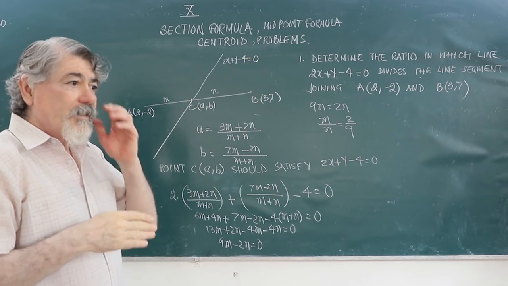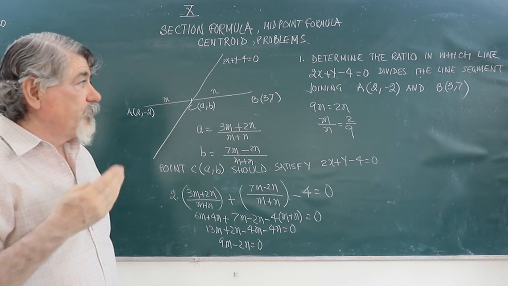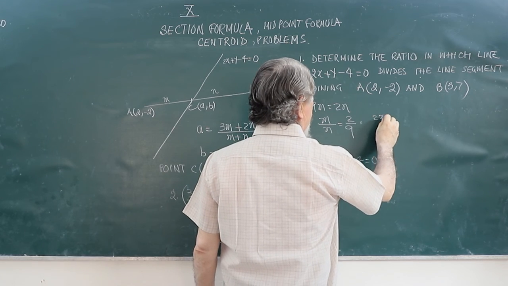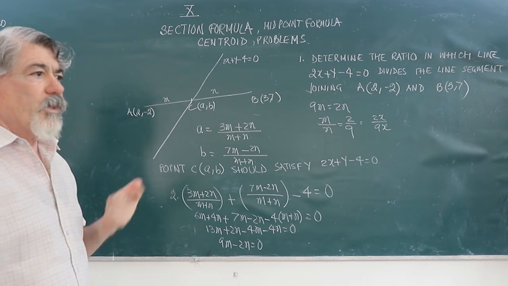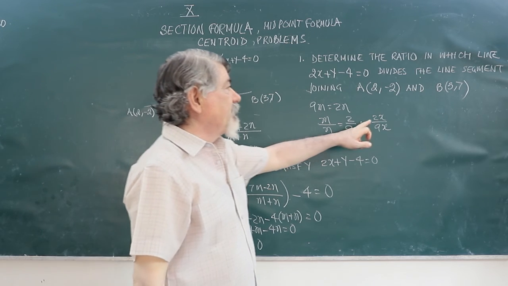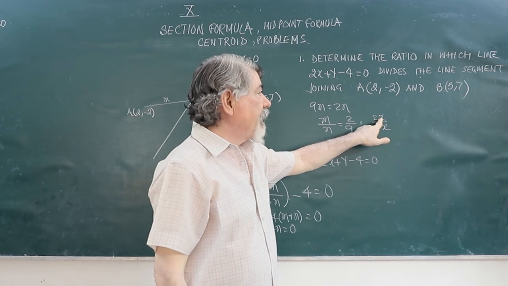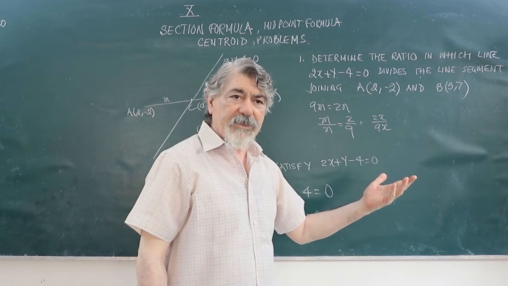Ratio means there can be multiple equivalent ratios which will be equal to 2 upon 9. That is why we generally say 2x upon 9x. Always attach an x. Suppose x takes 2, 2 2s are 4, 9 2s are 18, the ratio remains the same. If x is 3, 2 3s are 6, 9 3s are 27, the ratio remains the same.